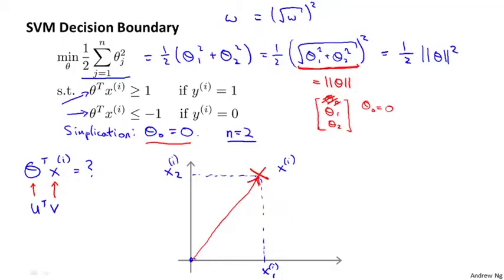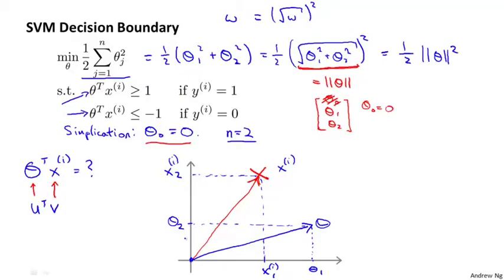And now, let's say we have a parameter vector theta, and I'm going to plot that as a vector as well. What I mean by that is I'm going to plot theta 1 here, and theta 2 there. So what is the inner product, theta transpose xi?